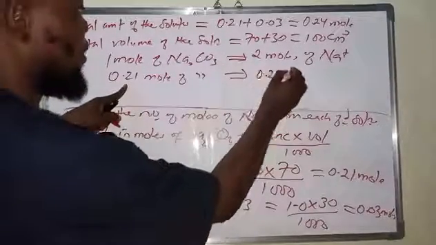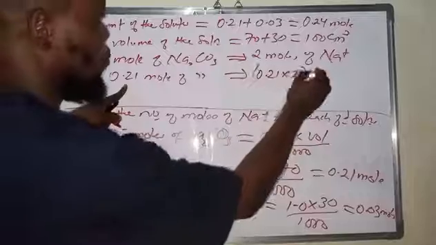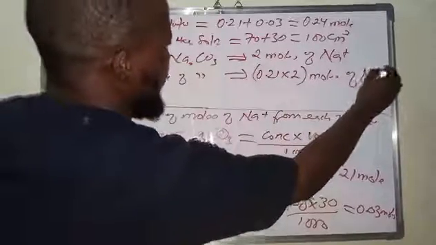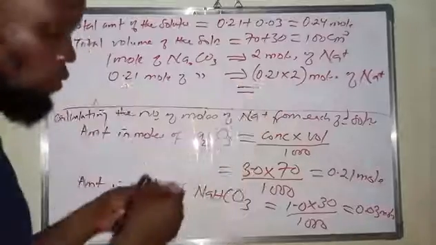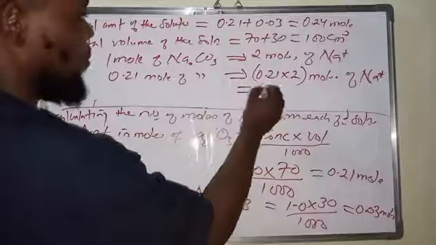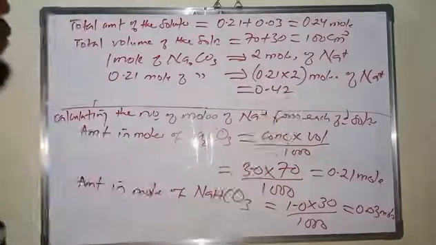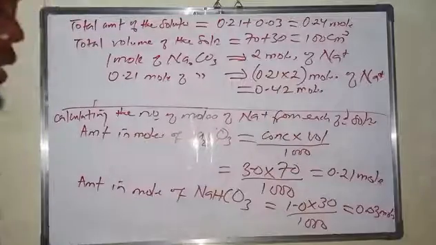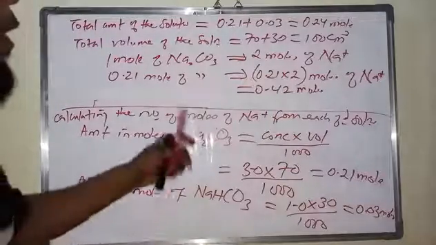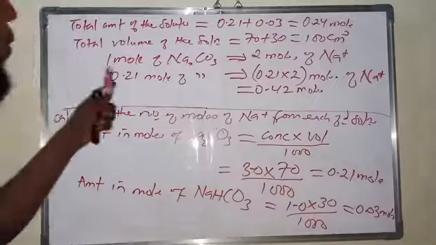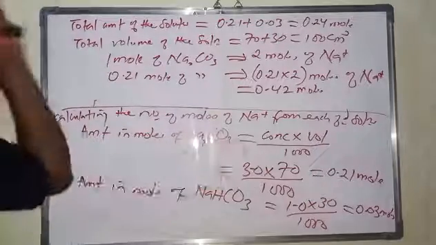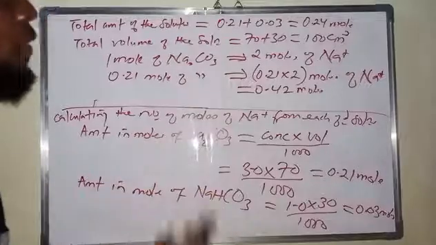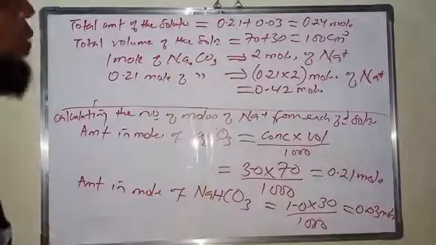That will be 0.42 moles of sodium ion. And similarly, we saw from the equation that 1 mole of sodium bicarbonate gives 1 mole of sodium ion.